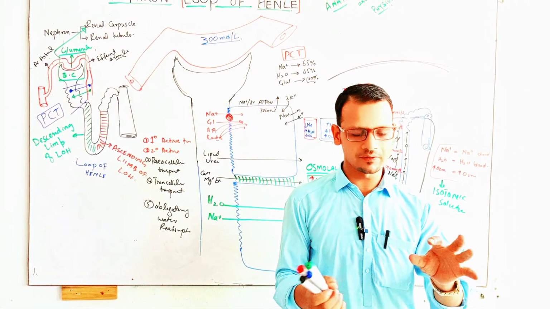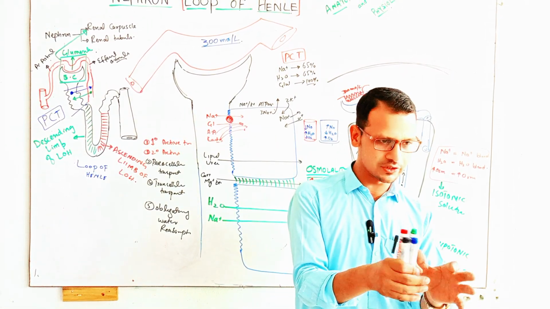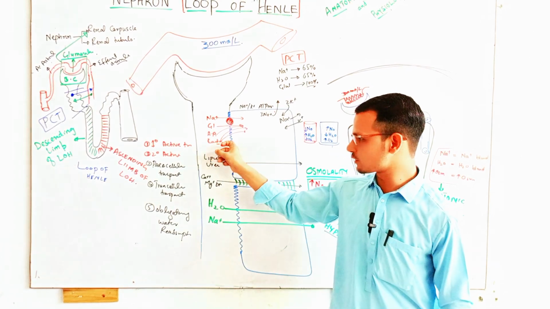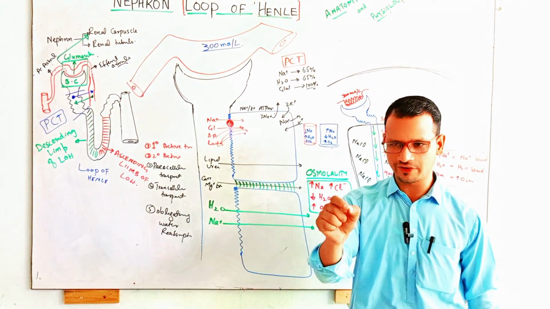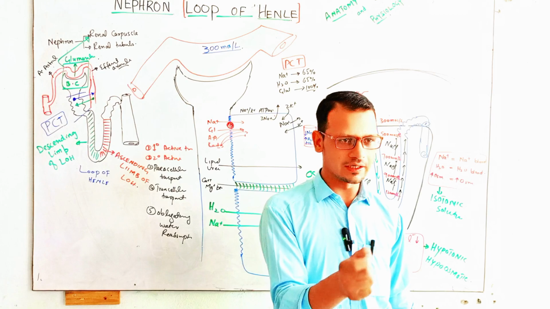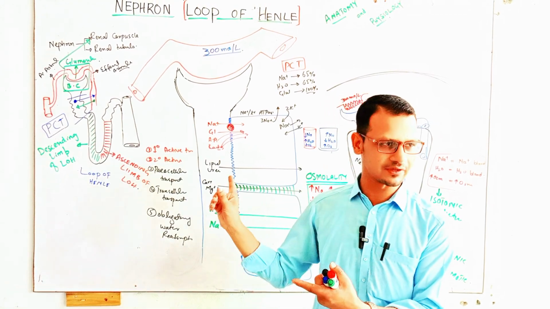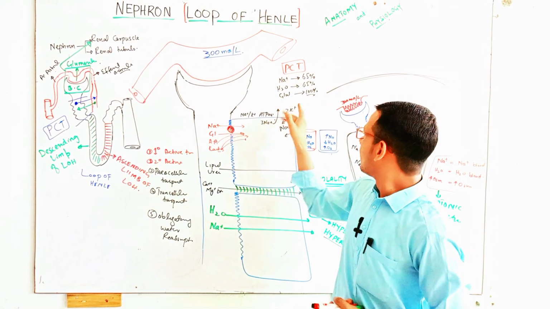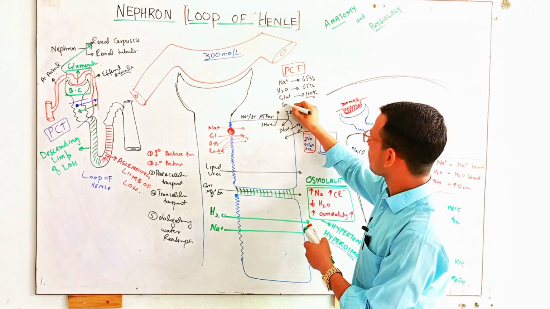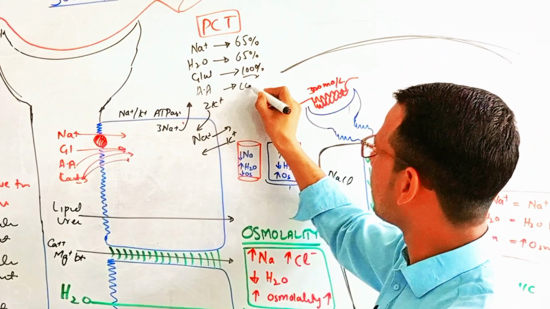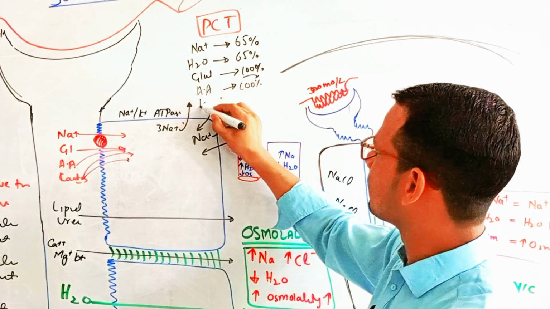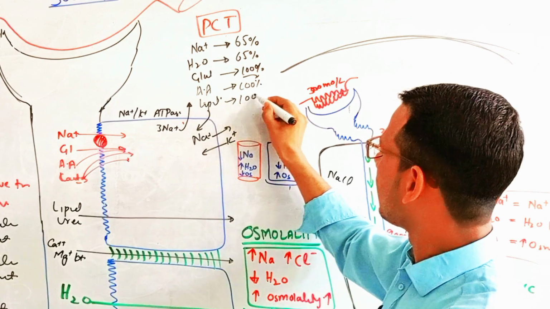But if the kidney has some type of issues, this glucose will remain in the urine, and when you trace glucose in urine, it means you have some dysfunction in your kidneys. Amino acids, 100%. Lipids, 100%.